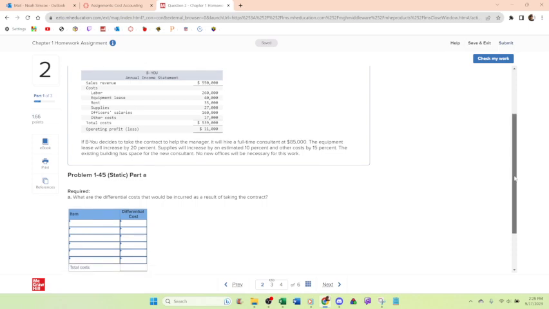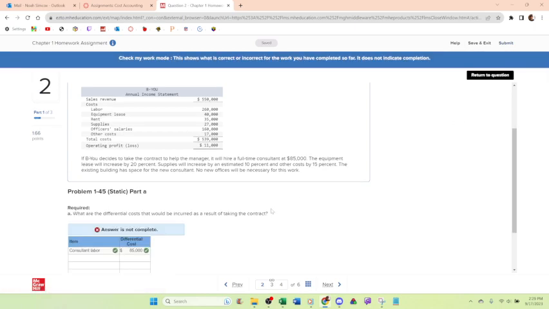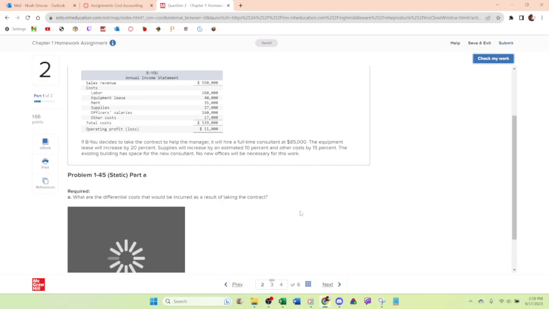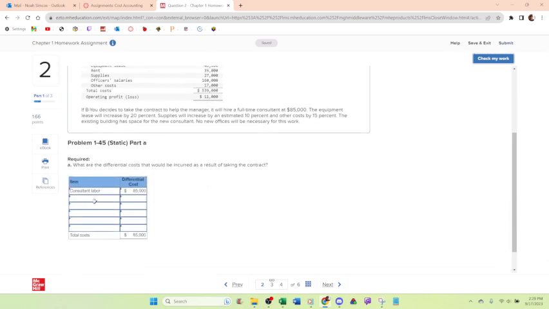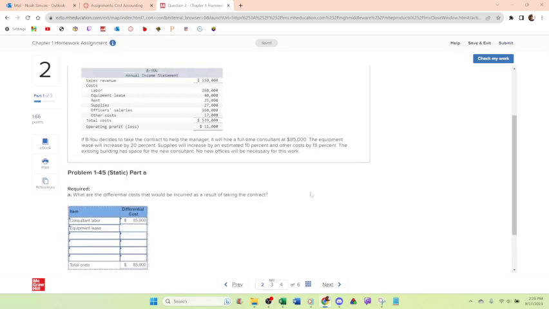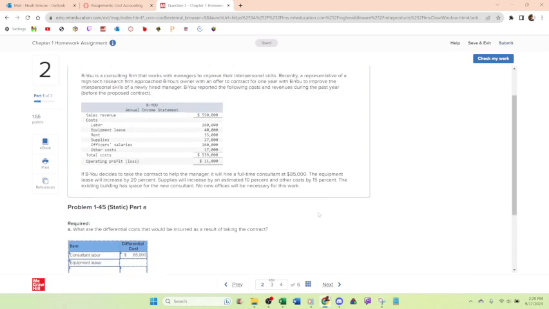So the labor will be increased. Labor consultant will. Are they just saying add on the cost, or are they saying the total cost by that? Yes, they're saying just add the additional cost. So the equipment lease will increase by 20%, so 1.2 times equipment lease.